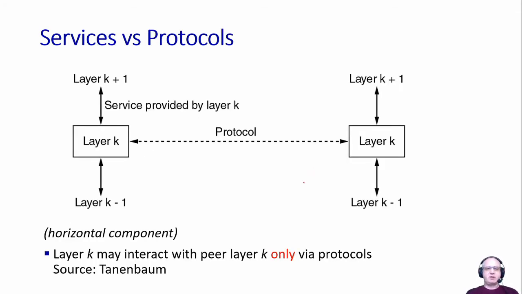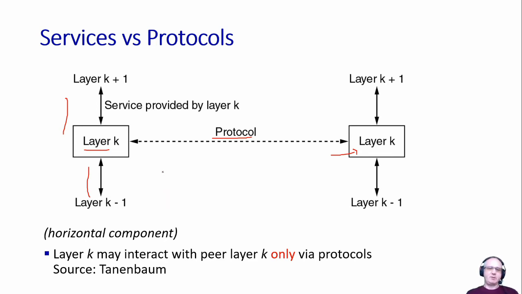I'd like to talk about the relationship between layers, services, and protocols. So we say that a layer provides a service to an upper layer. In order to provide this service, it engages in a protocol with its peer entity at the same layer and uses the services provided by the layer underneath it.